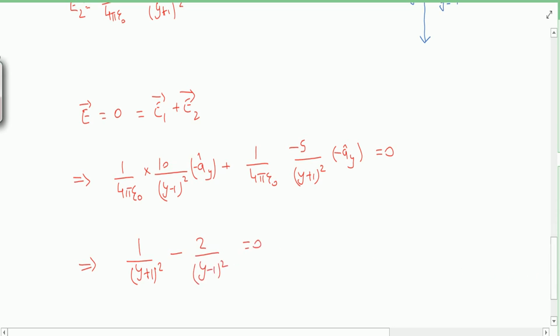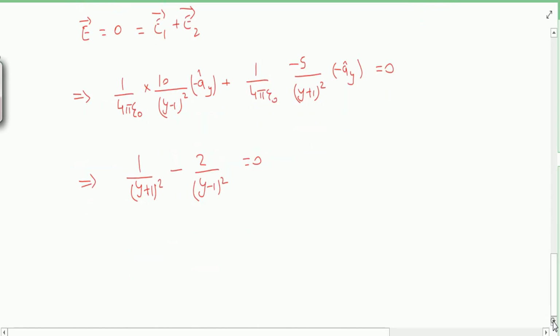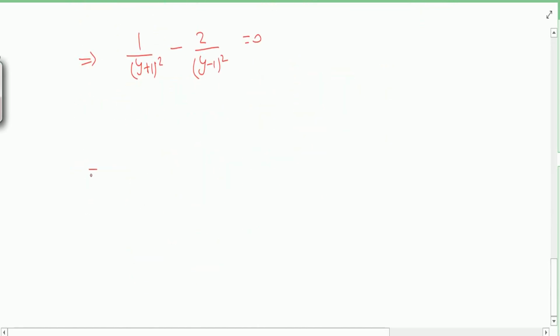Now just solve this equation by applying maths. It will be 2 times y plus 1 whole square minus y minus 1 whole square equals 0.